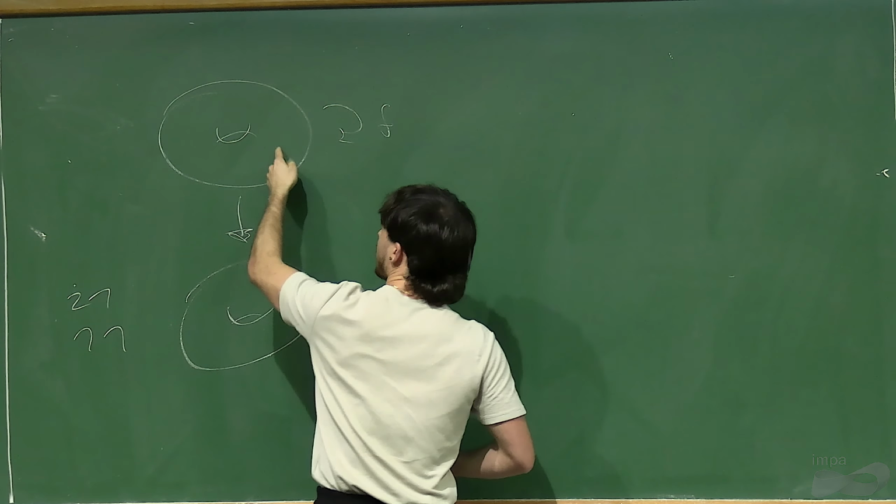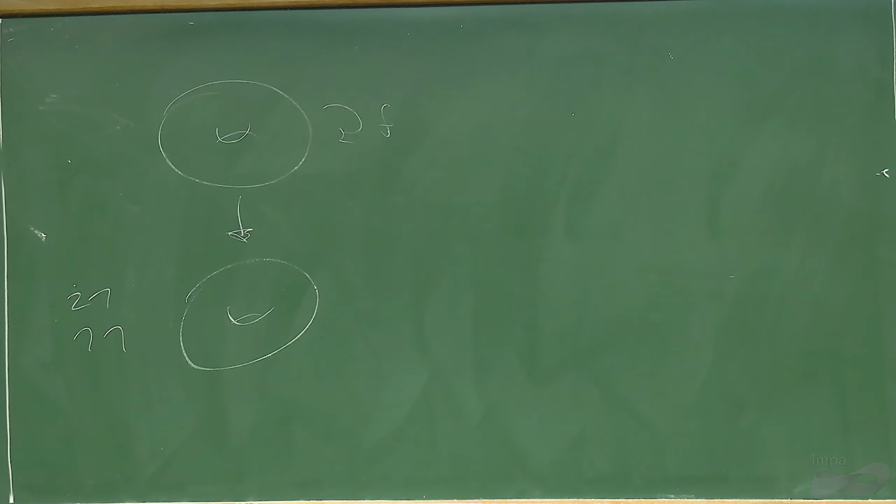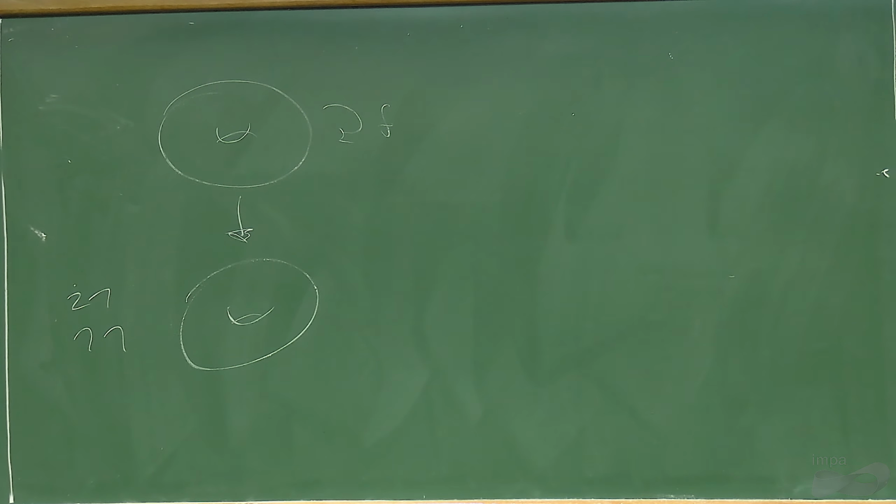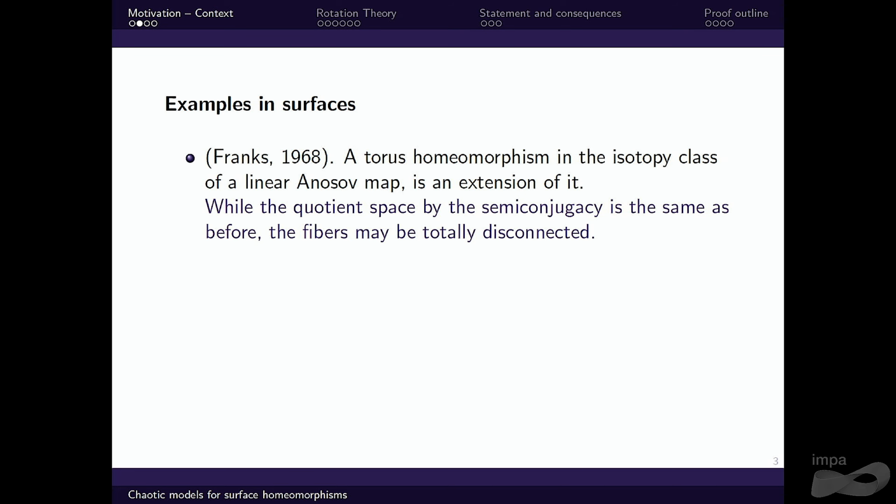So dynamics here are at least as complex as here. For example, you have all the topological entropy you want, you have your periodic orbits, and so on. The quotient space by the semiconjugacy is the same as before, but the fibers may be totally disconnected. So you have a point here, and you ask what are the preimages, and it will be a Cantor set, typically. You do not know. I mean, you do, but they are bad.